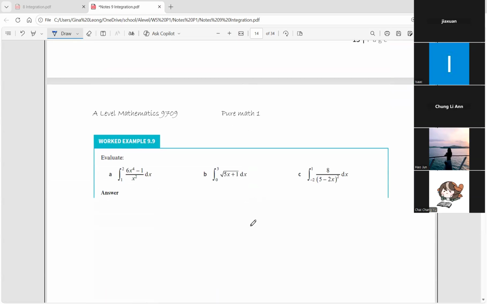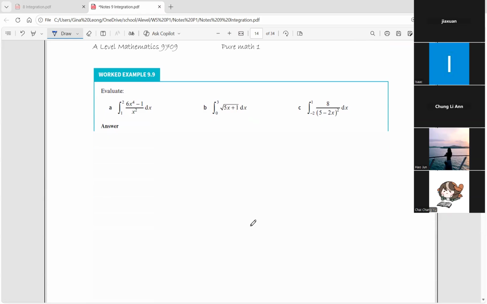So now we go for the question. We go for this one first. Same case, we need to do the integration. So that means the integral of 6x squared minus x to the negative 2 dx.